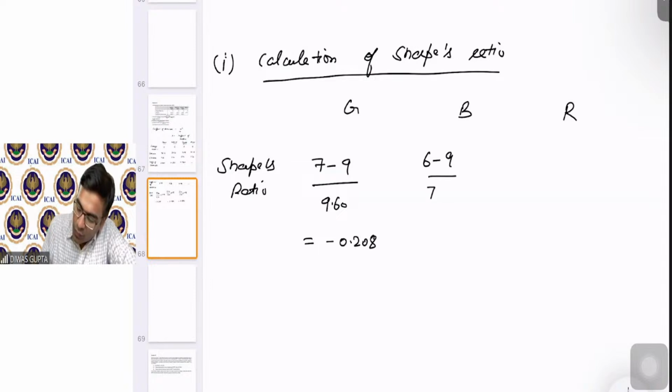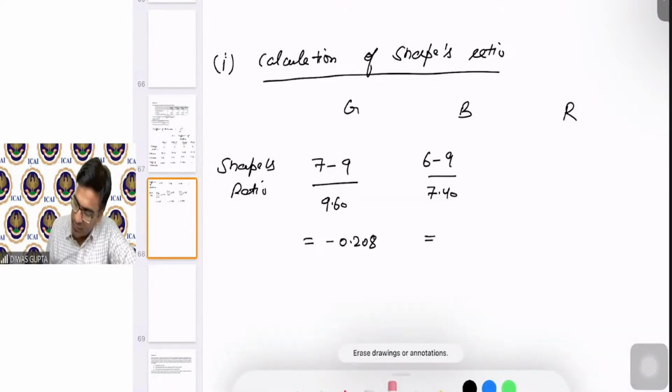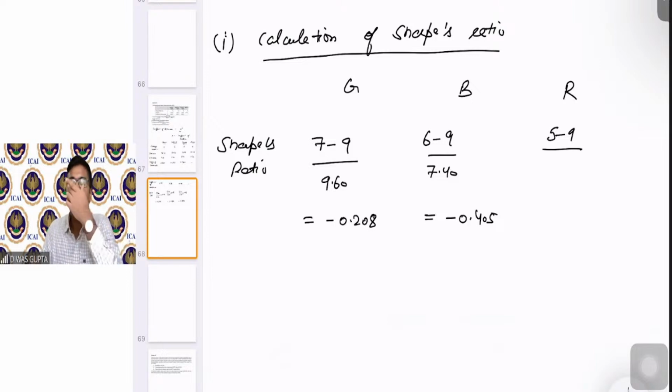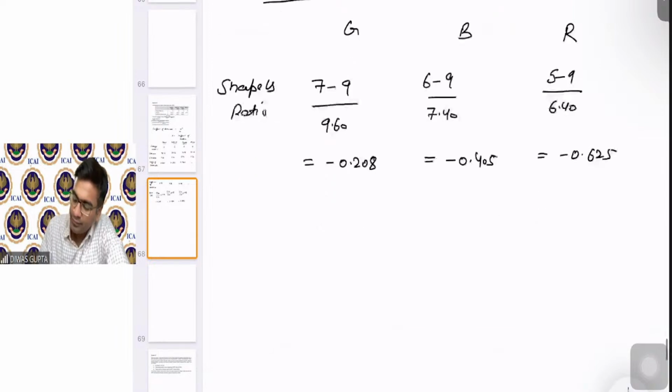So this will be a minus 0.405. Lastly, it is giving us 5% return, which is even lesser than the T-bill, on a risk of 6.4. So hence it becomes minus 0.625.